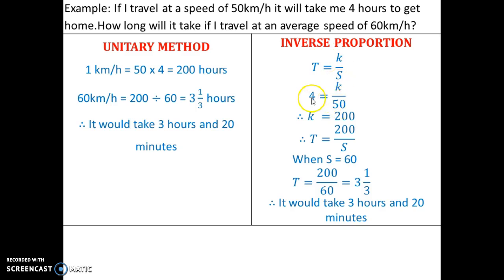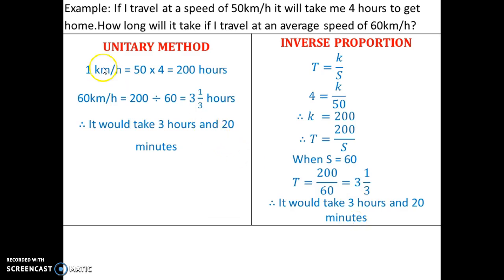Putting in what we know, our 4 hours at 50 k's, multiplying the 50 over to the other side, you get your constant of proportionality of 200. Putting that back in the equation, you can solve for when the speed is equal to 60, and you get 3 and 1/3, and 1/3 of 60 is 20, so that's why it's 3 hours and 20 minutes.